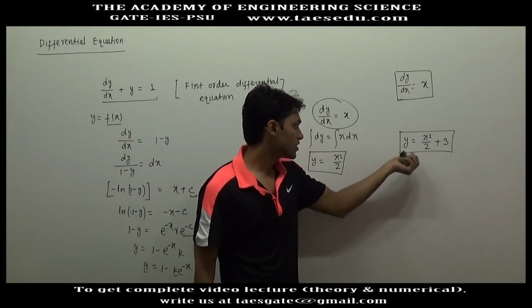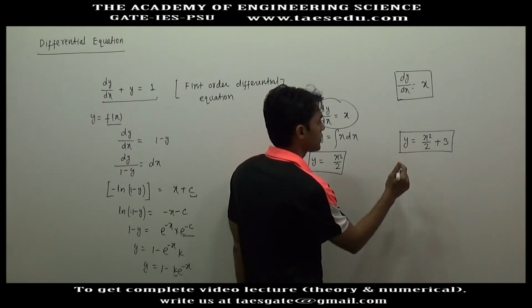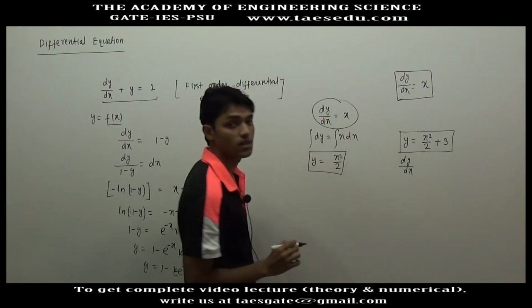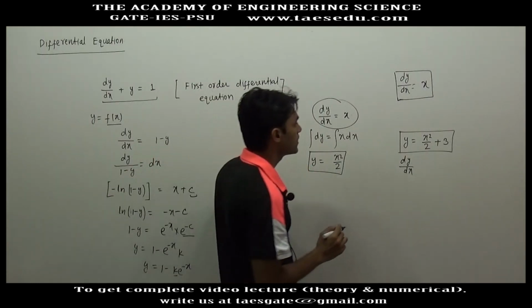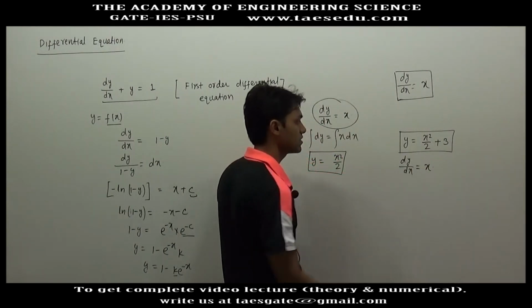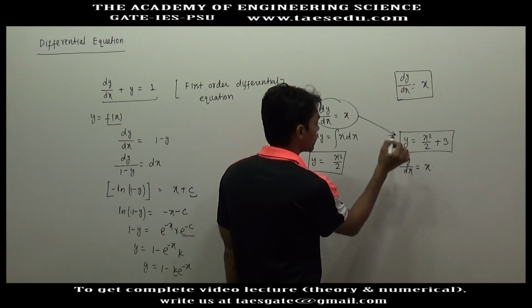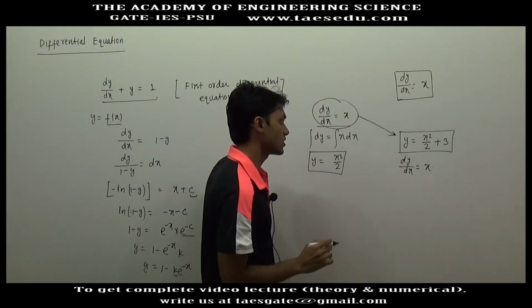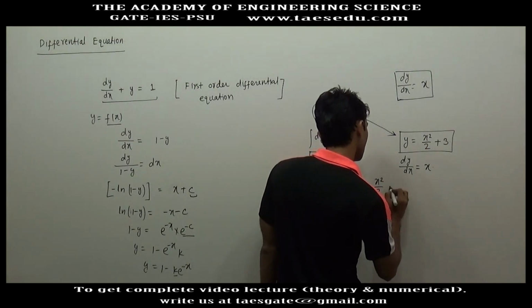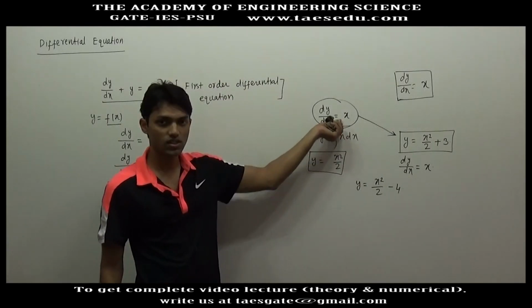Now if you make the differential equation for this, even in this condition, dy by dx is equal to x, because the differentiation of 3 is 0. So this should also be a solution to this differential equation. Similarly, if I give x square by 2 minus 4, this will also be a solution of this differential equation.